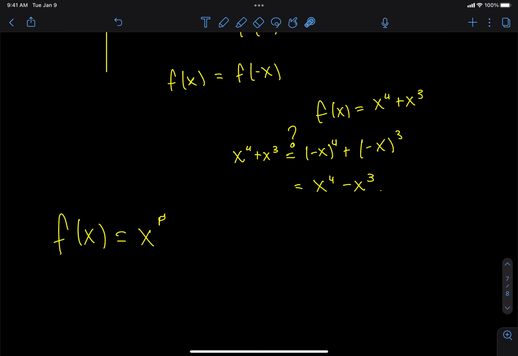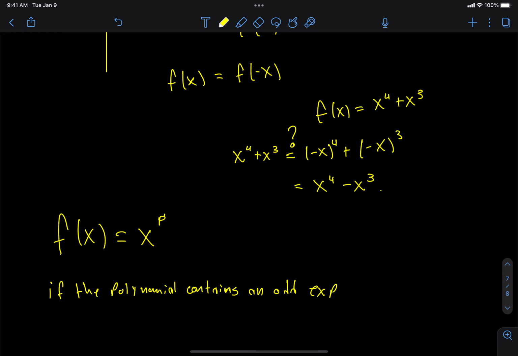Yeah, if you have a polynomial, so if the question is, if the polynomial contains an odd exponent, can it still be even? That's your question? Yeah. Let me think about that.